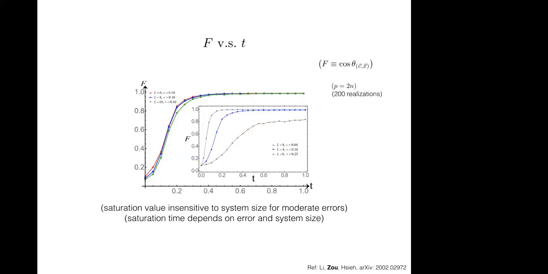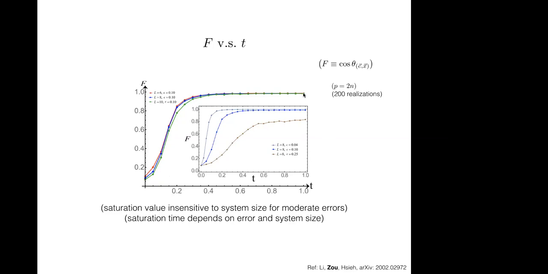We can also look at the reconstruction fidelity versus time. This fidelity is defined to be the cosine of the angle between C and X. Using the previous model, with this result, you can see for reasonable system size and within some reasonable evolution time, the fidelity approaches 1. And this saturation value of fidelity does not depend on the system size very sensitively.